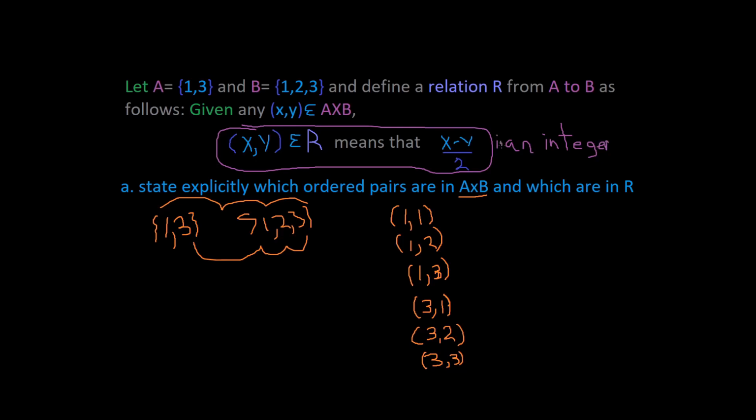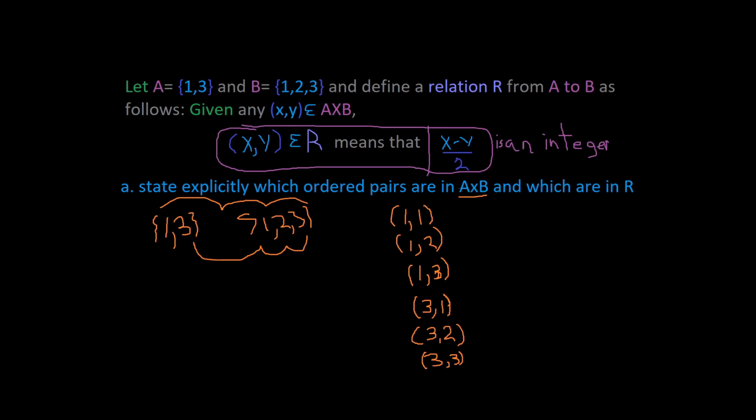Whatever numbers we plug into this function, if the result is not an integer, then it's not going to be part of the relation R. So let's plug in our numbers.